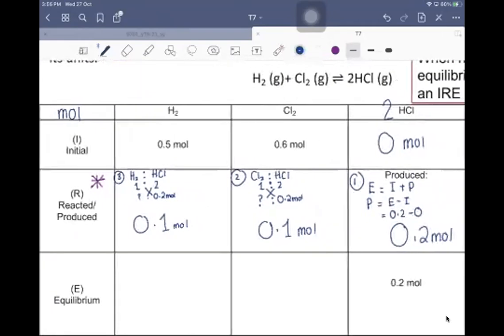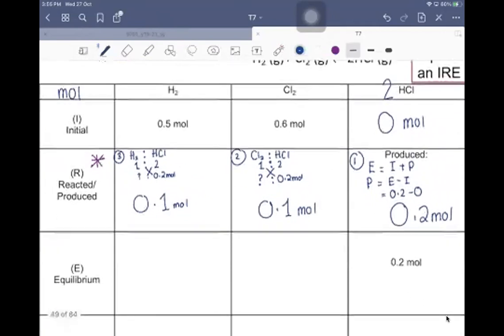So now your second row is done. That's easily done because you can use mole ratio. But that's not enough yet to do our calculation for Kc. We need the concentration at equilibrium. At the moment, we're still at number of moles.